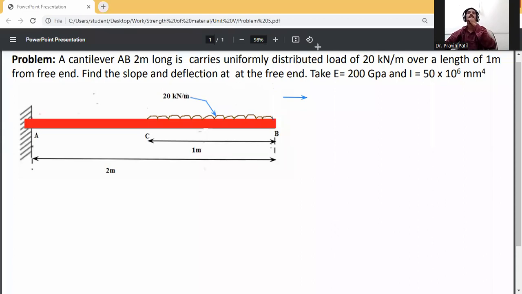So first of all, consider the whole cantilever beam A to B as carrying a uniformly distributed load.